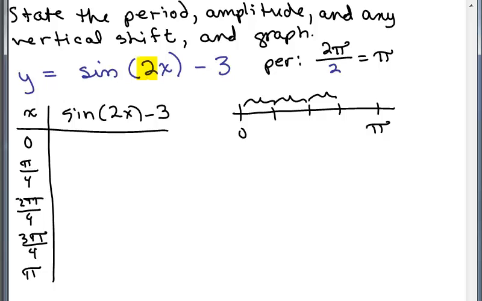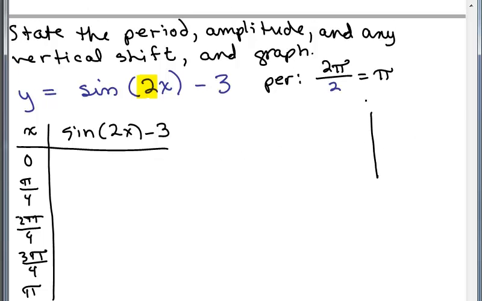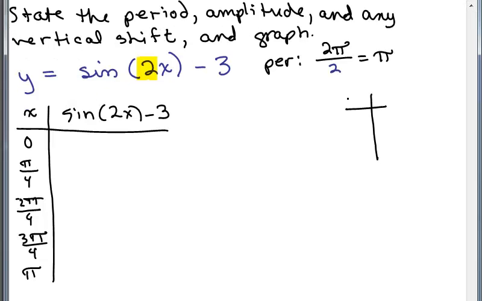Now remember, the usual numbers we remember for just y equals sine x, when we just have x and sine x, are 0, pi over 2, pi, 3 pi over 2, and 2 pi.